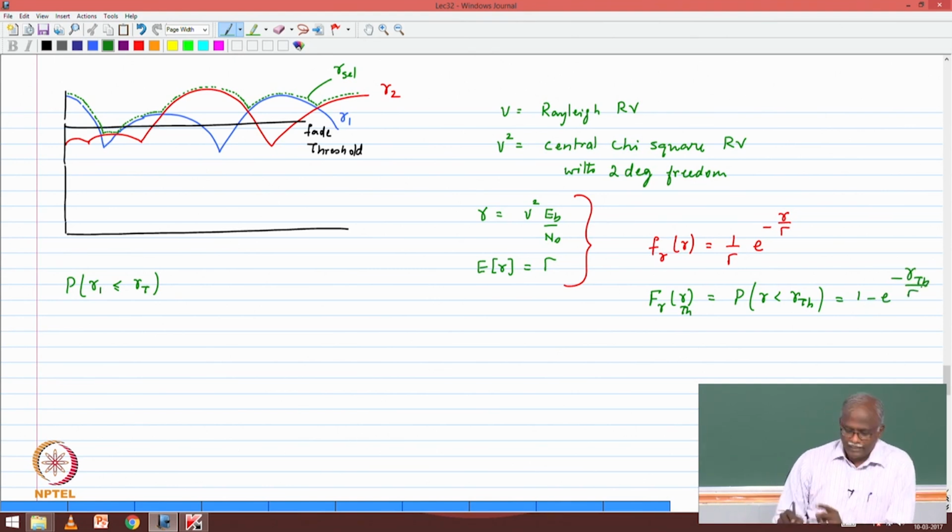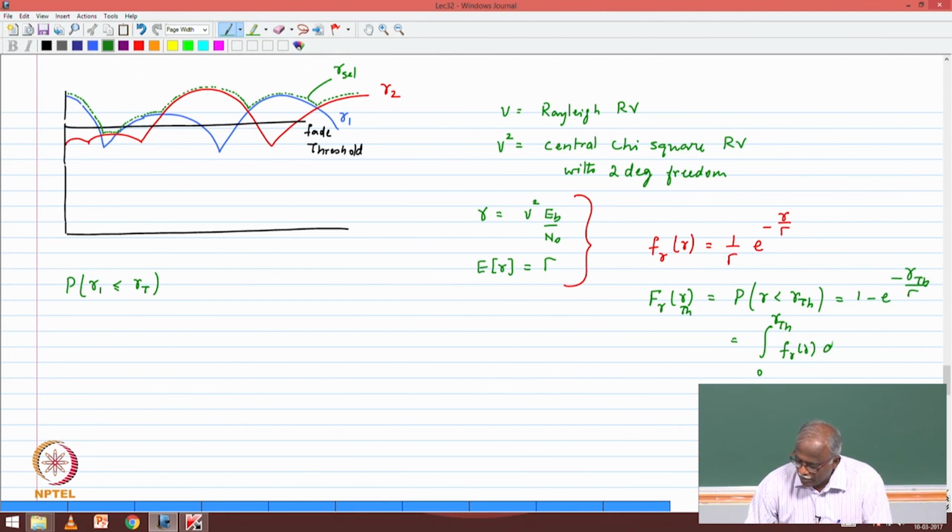We have already derived that result as well. This is nothing but the cumulative distribution function, the integral from 0 to gamma threshold of f gamma of gamma d gamma.